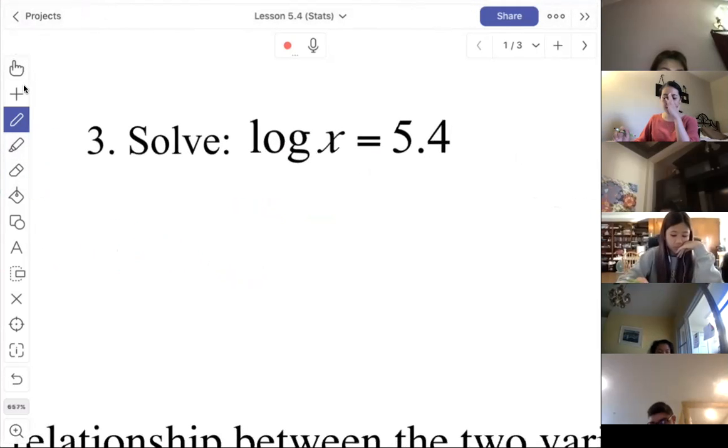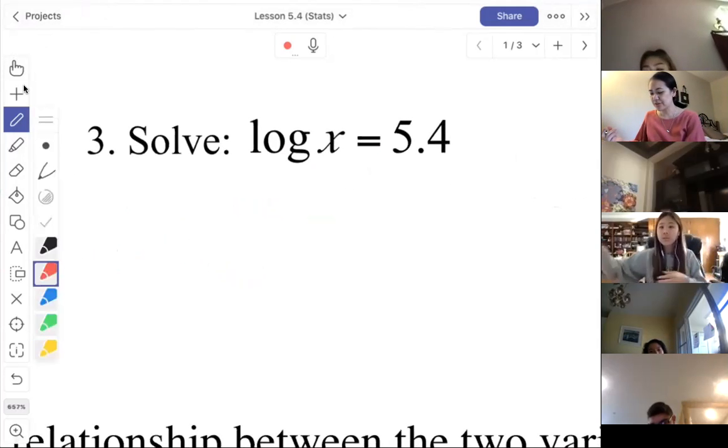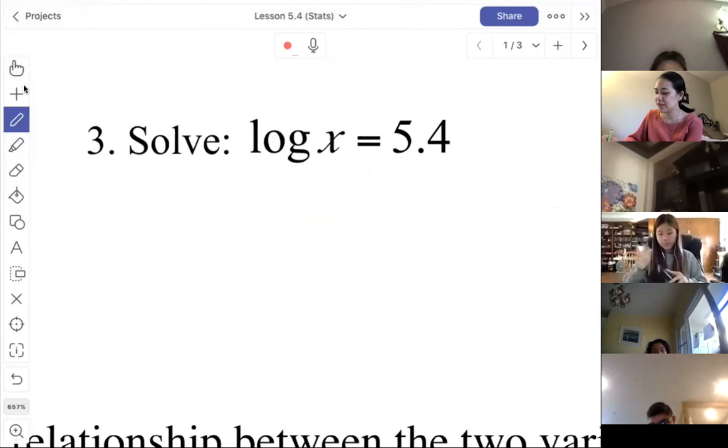This time, solve. And you need your calculators for this one. It says solve log of x equals 5.4. We know again, if it doesn't have a base, the understood base is 10.